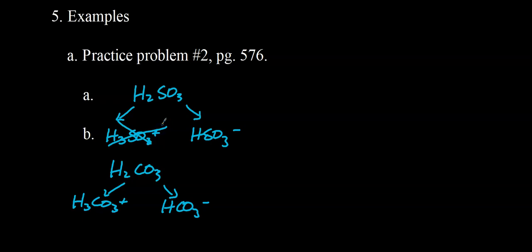Now notice I didn't just take off a hydrogen, I took off an H plus. So take off an H and reduce the charge by 1. So we went from 0 to -1, HSO3 minus. Same thing with H2CO3. Again, we have two options here, one that has one more H plus, one that has one less. The base is the one that has one less H plus. We get HCO3 minus.